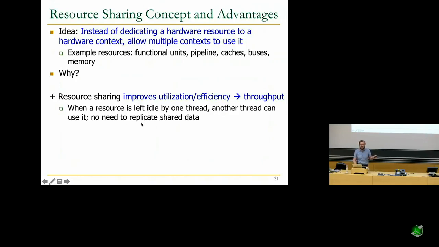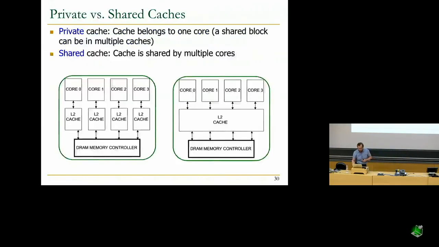And also, there's no need to replicate shared data. If these threads are actually sharing some data, manipulating the same data, if you go back to this over here, let's say this thread requires memory address A, and this thread also requires memory address A. They both need to bring the data into their L2 caches in this case, right? Because they have private L2 caches.